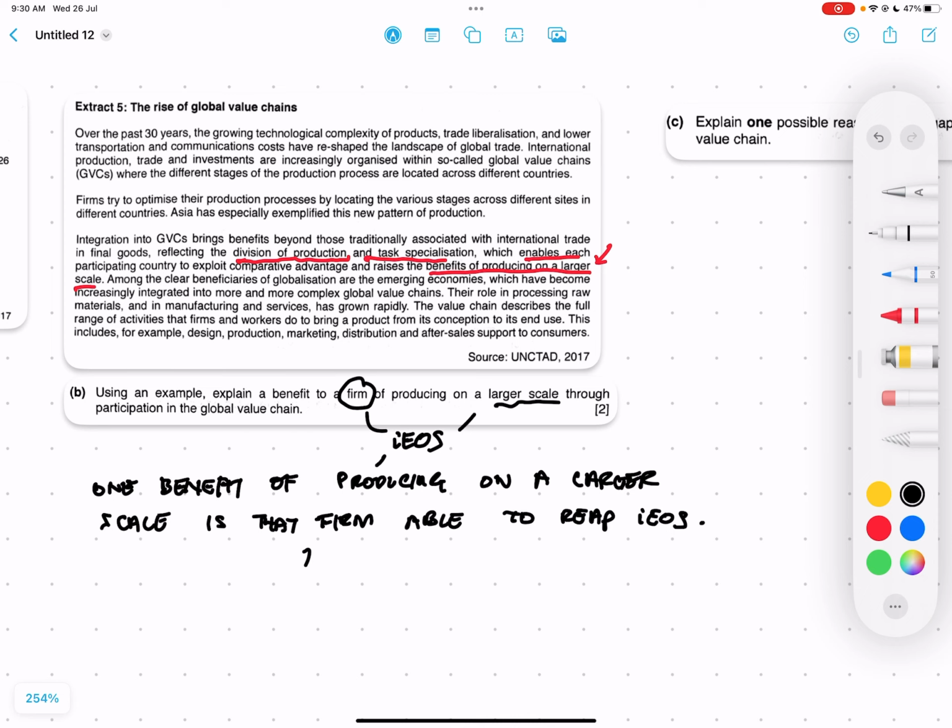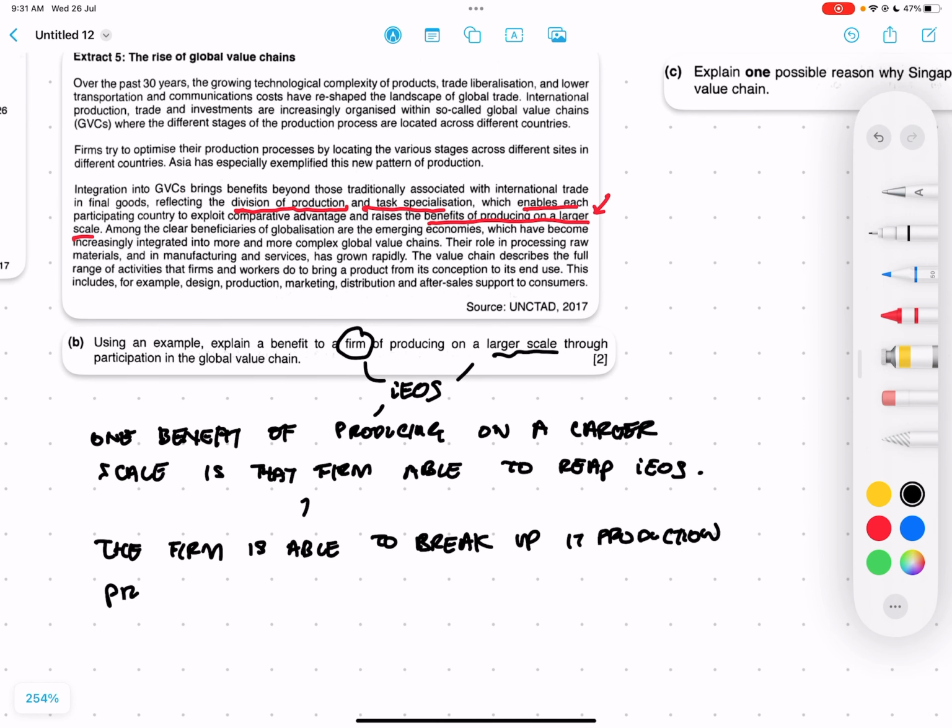You can say that the firm is able to break up its production process into simpler, more repetitive tasks, and therefore this will increase productivity.